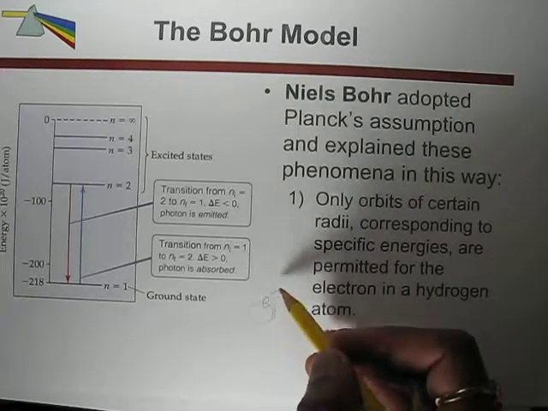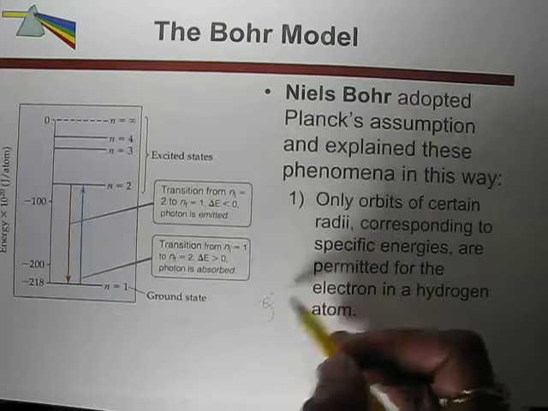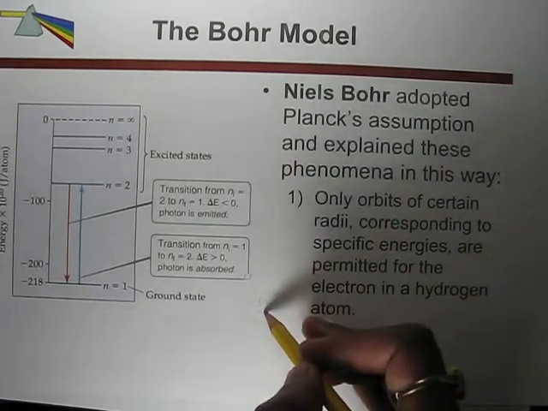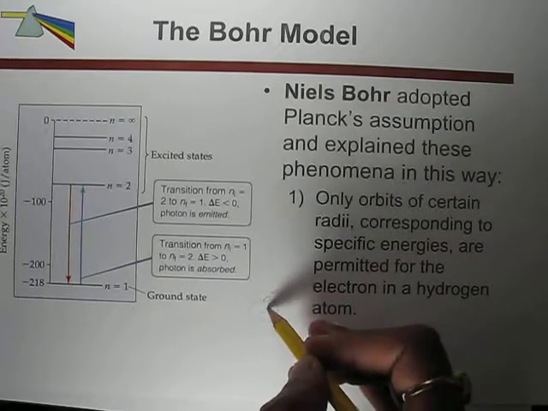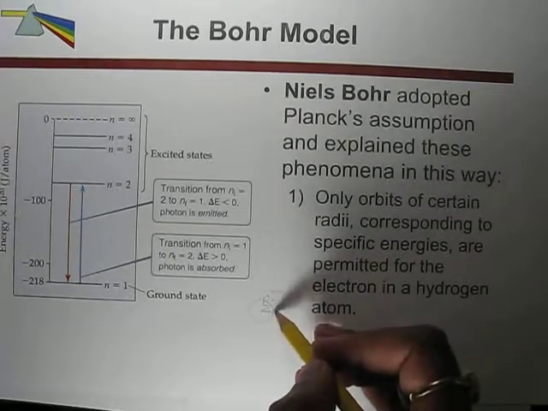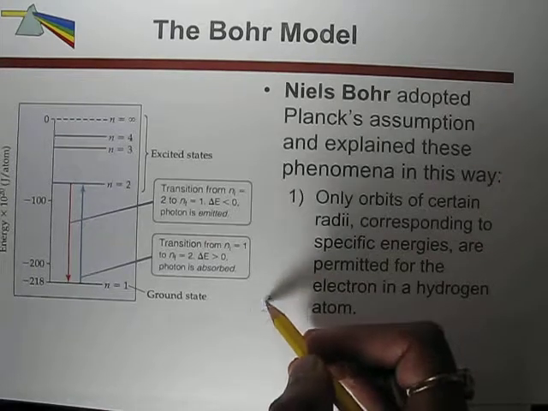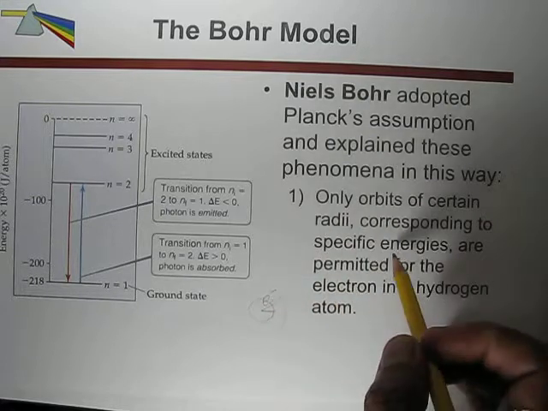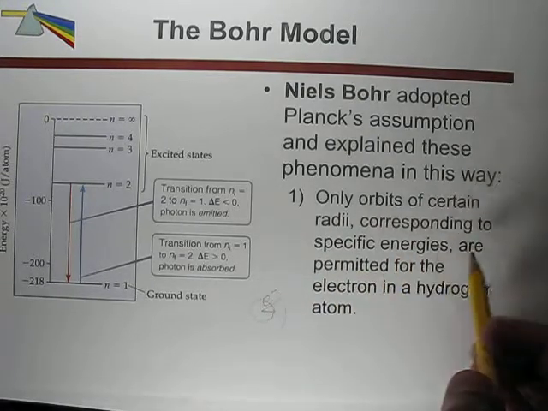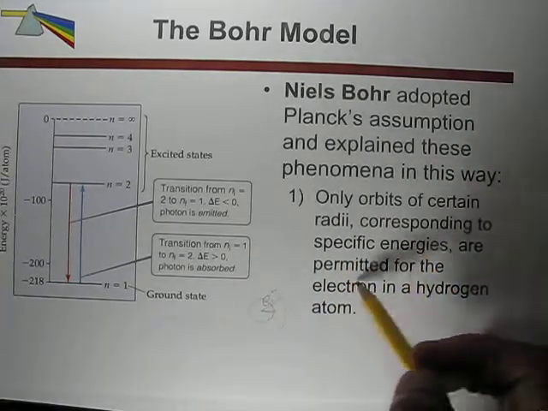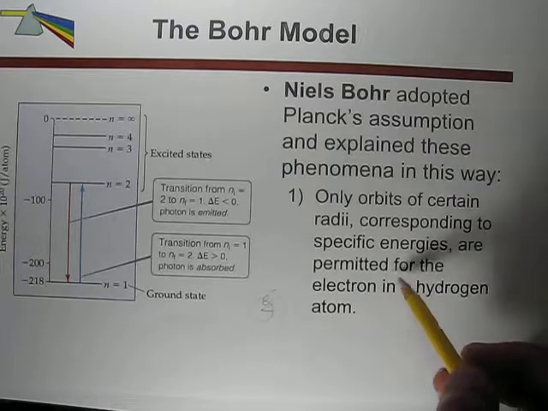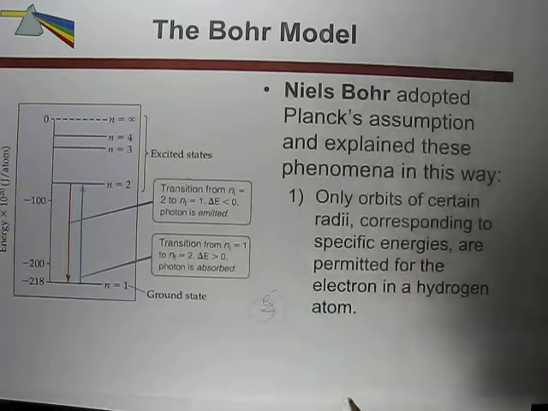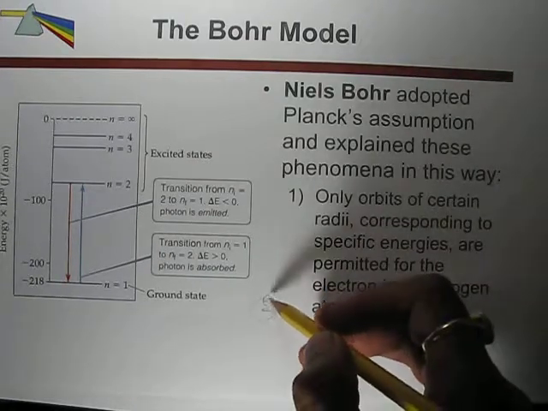There are some fixed orbits, and they have certain radii. For example, this is one orbit, this is another orbit, and the electron is moving in these orbits. They are permitted for the electron in a hydrogen atom, in fixed orbits.